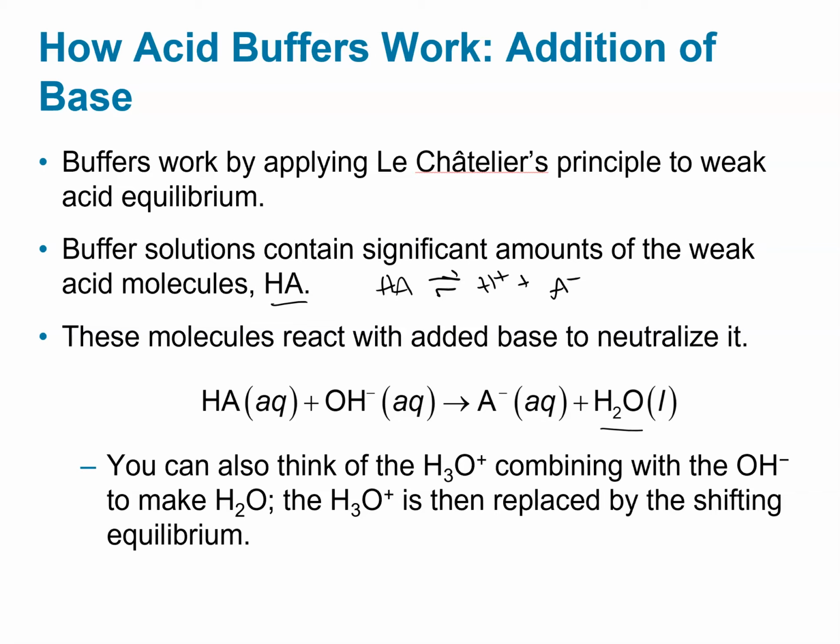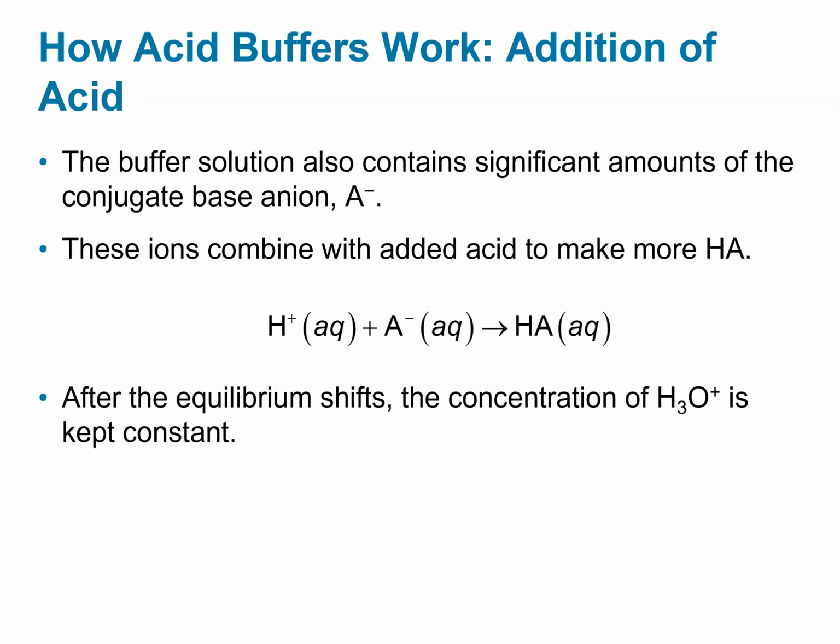And this could be drawn with water present as well, scavenging hydronium. But we also have significant amounts of the conjugate base floating around in solution. So these ions are then going to combine with any acid that we add to solution and drive that back towards acid.